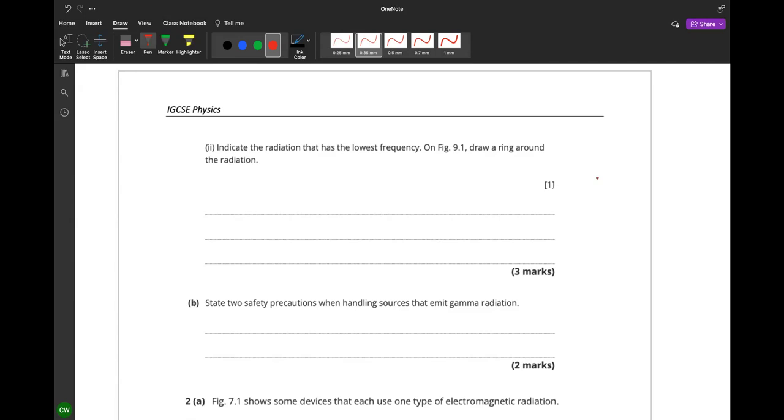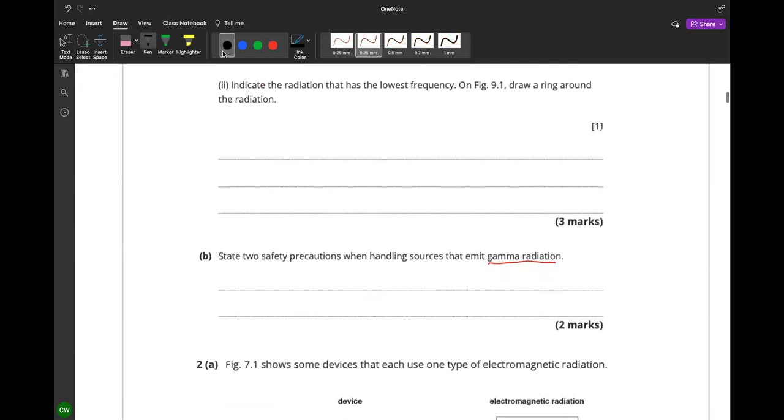Gamma ray is dangerous, right? Gamma ray is the most dangerous. What is the thing that you have to reduce? You have to limit something. Limit the time of what? That means when you're handling the thing, you have to make it a short time. The less contact the better. You have to limit the time of exposure. Don't be exposed to gamma ray; reduce the exposure time.